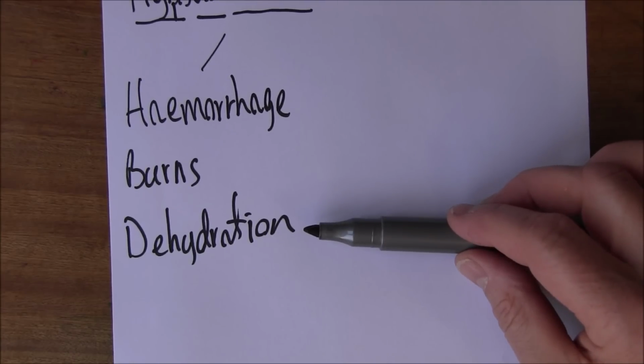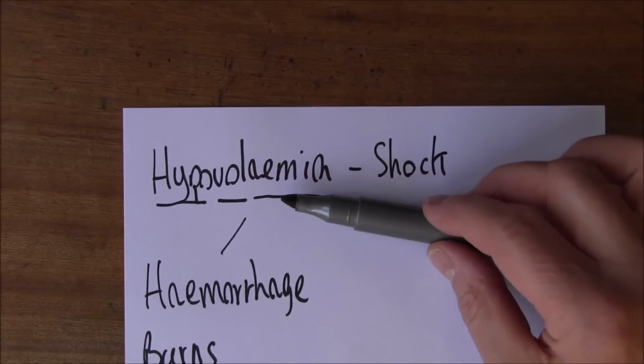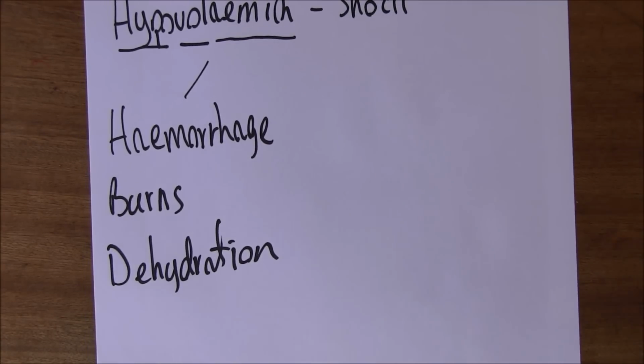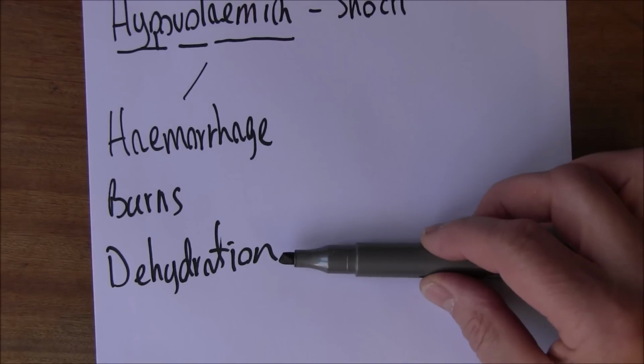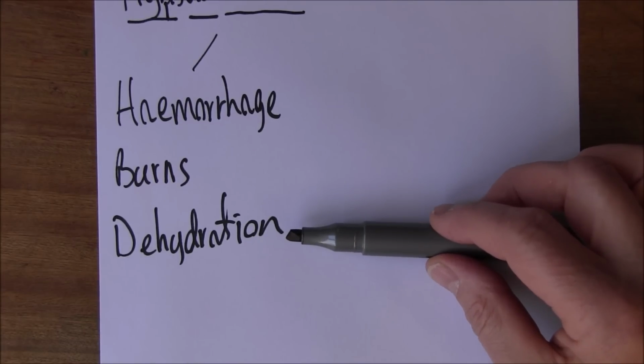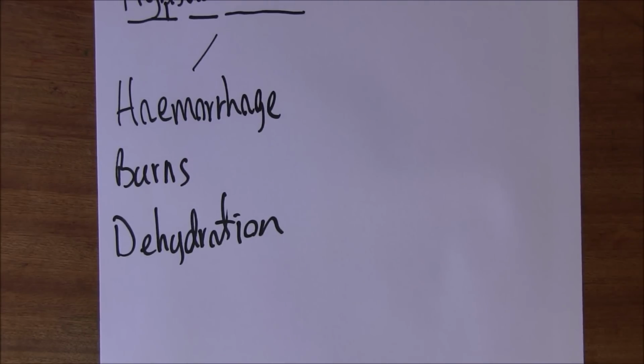And it's a particular problem in children because they have less blood. They can lose less of their body water before they become hypovolemic and before they become shocked. So neonatal children might have about 85 mils of blood per kilogram, but of course they don't have many kilograms.